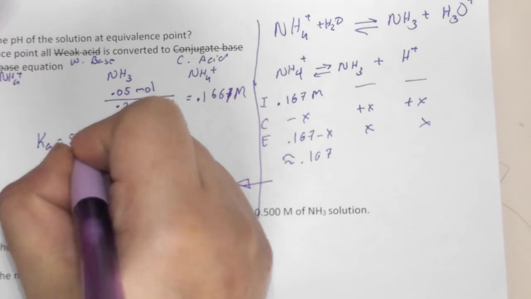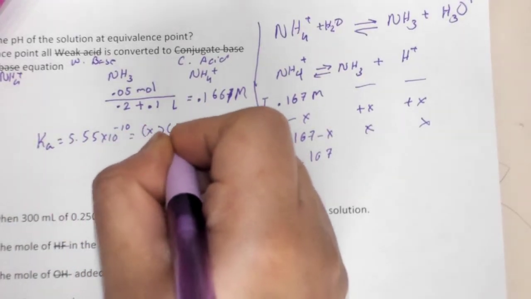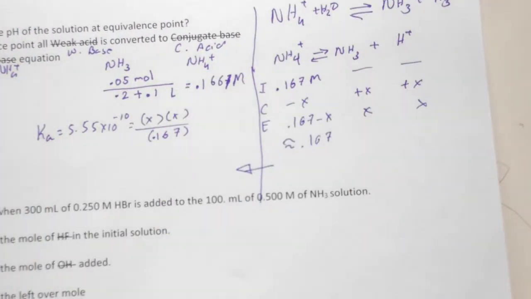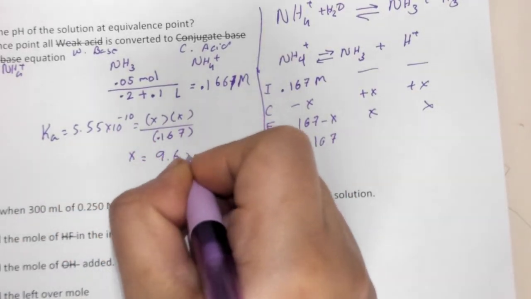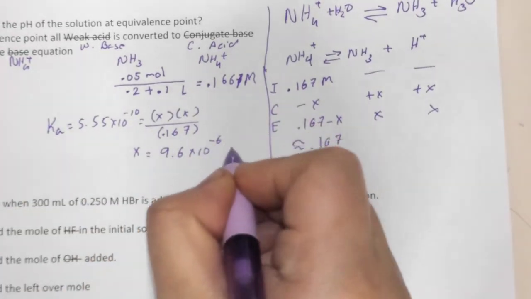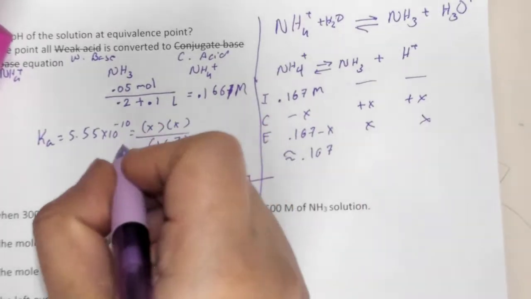So you're going to have 5.55 times 10 to the negative 10, which is x squared over 0.167. Square root that. x is equal to 9.6 times 10 to the negative 6 molarity. Note what your x represents. In this case, H plus.